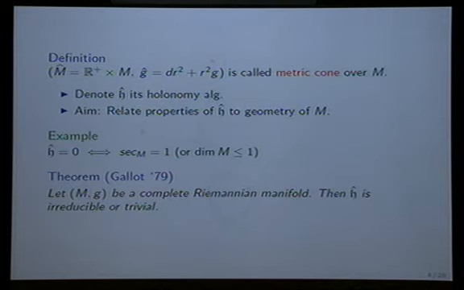Either the holonomy is irreducible, and then we have a nice list of candidates for these holonomy algebras, which was found by Berger in the 50s. It's the famous Berger list of Riemannian irreducible holonomy groups, or otherwise H hat is 0 and no other possibility. This is a very useful theorem because it allows us to reduce some problems to this Berger list.